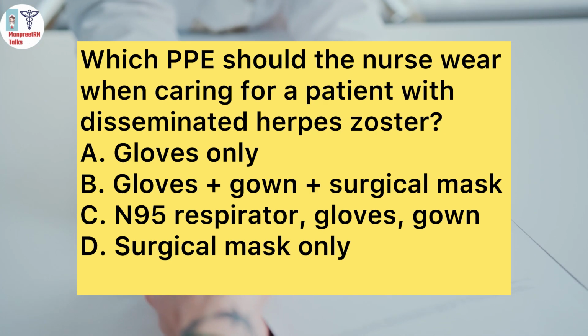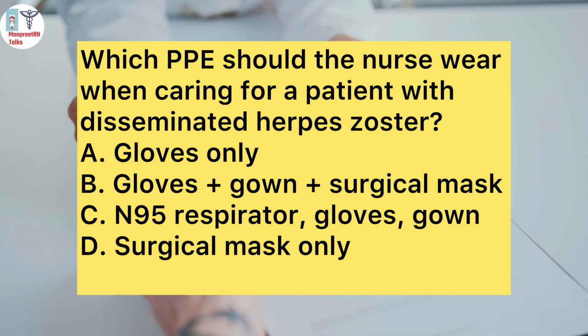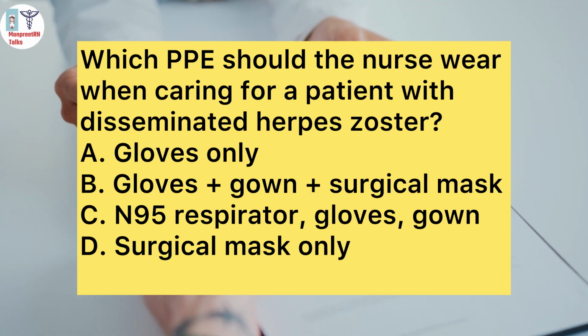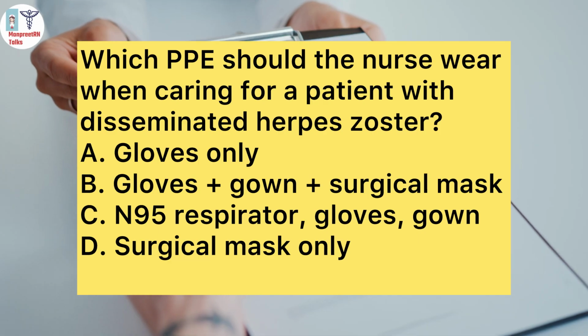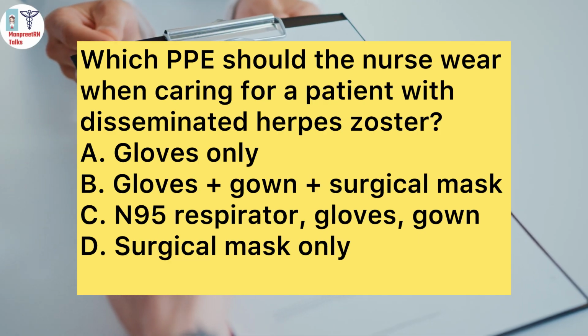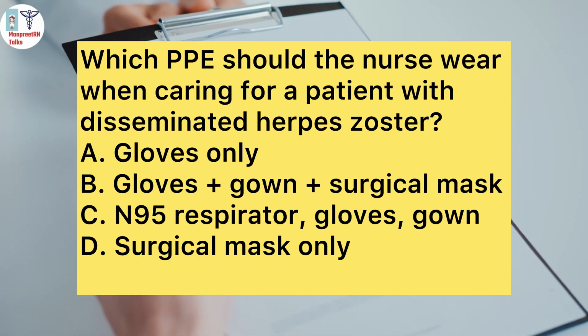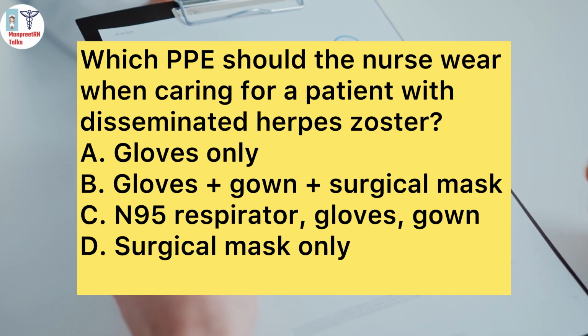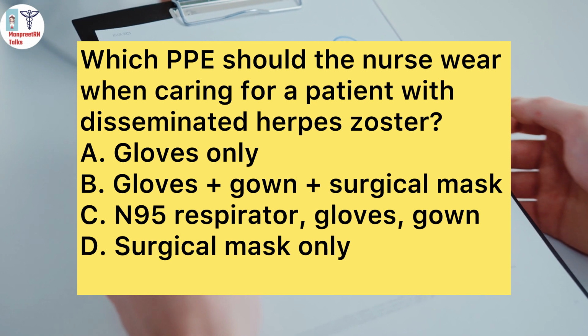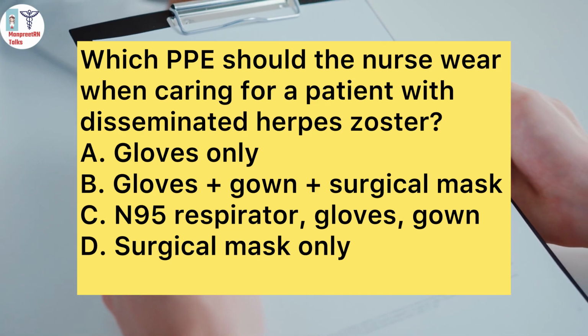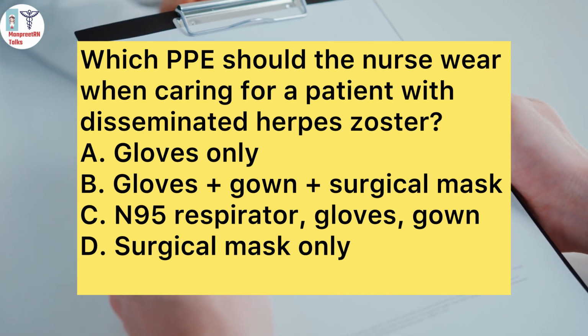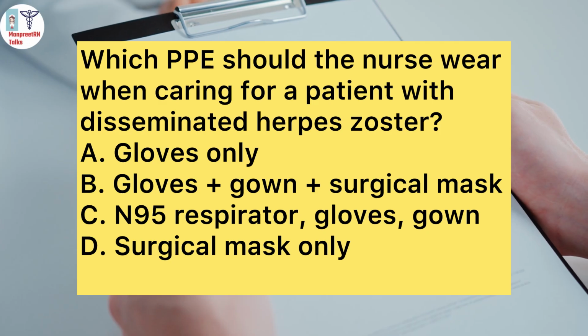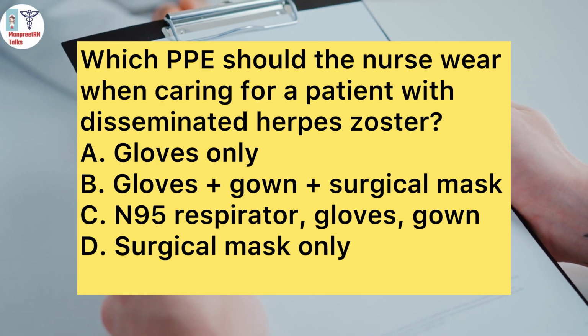So options are gloves only, gloves plus gown plus surgical mask, N95 respirator, gloves and gown, surgical mask only. So surgical mask only is cut out. So herpes zoster includes airborne plus contact precautions. So airborne means the N95 respirator, gloves and gown. So the correct answer is C.